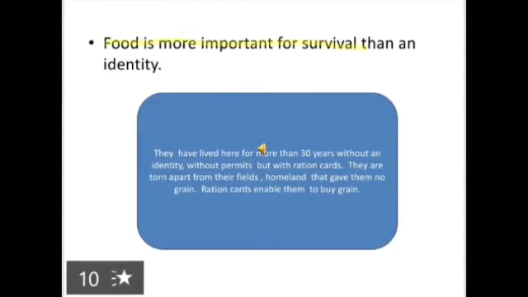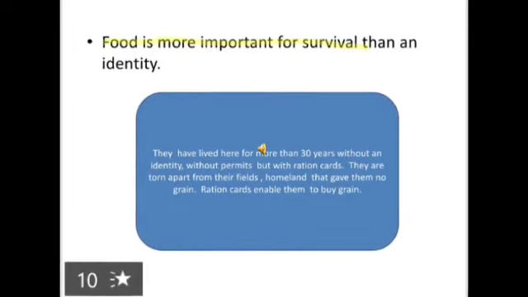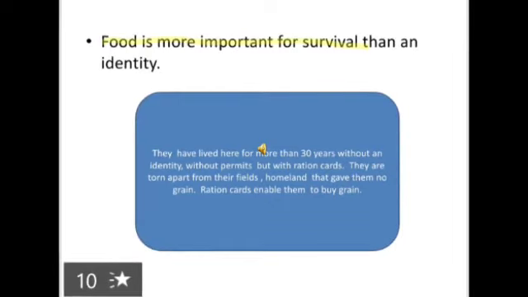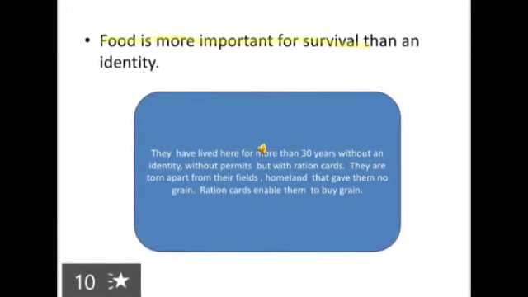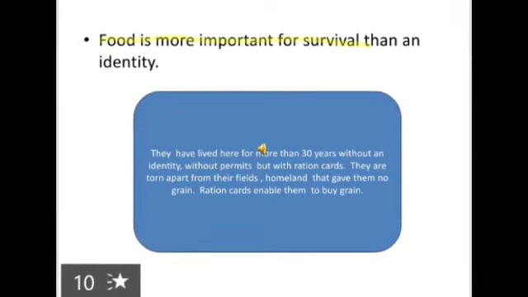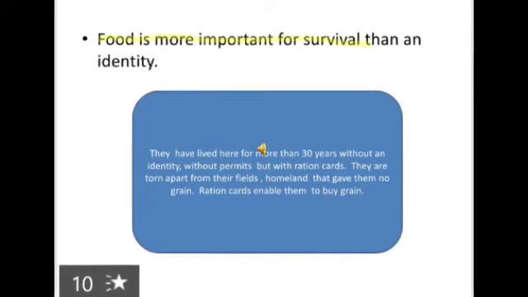Food is more important for survival than an identity. This is the statement which indicates that all the slum dwellers are living here for the past 30 years without an identity.